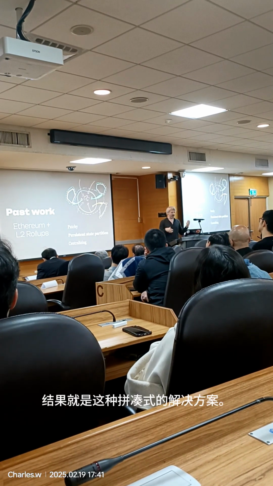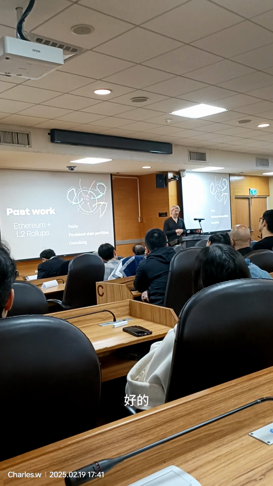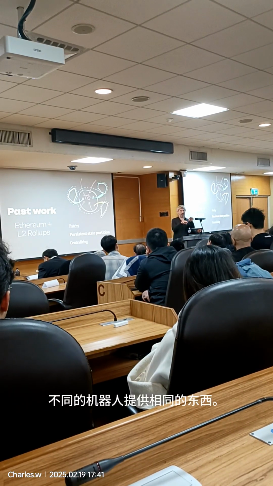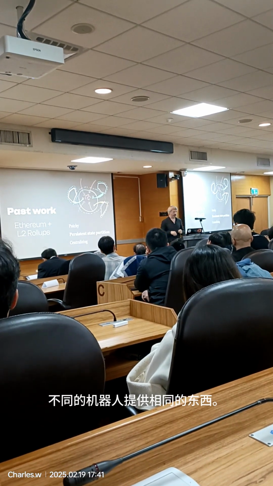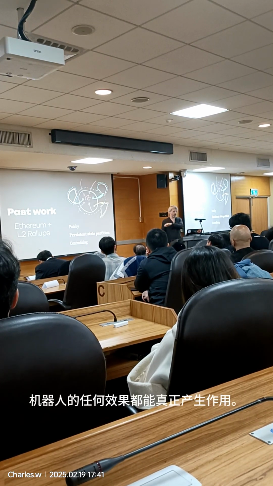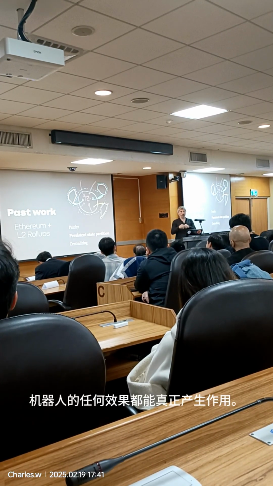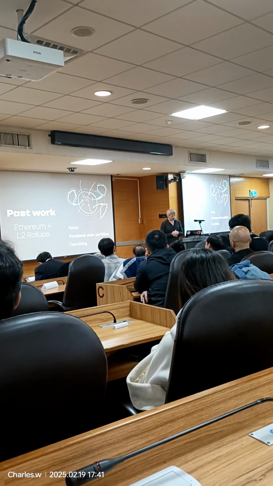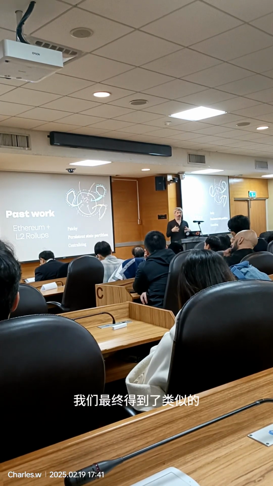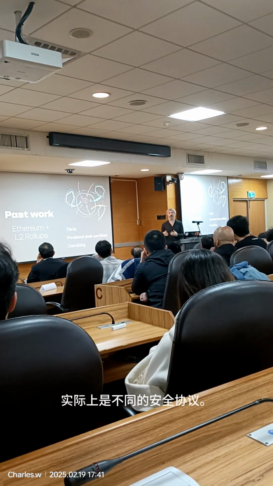And what we end up with is this kind of patchwork quilt, where you don't really get the same thing from the different rollups. Some might take ages before any effects on the rollup can actually take effect outside of the rollup. And in some cases we end up with actually different security parameters.